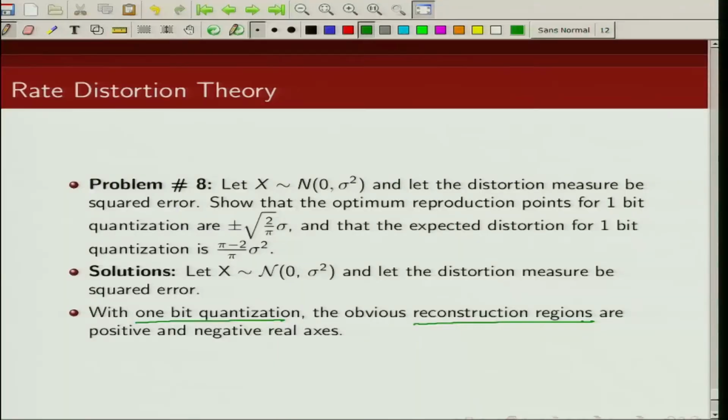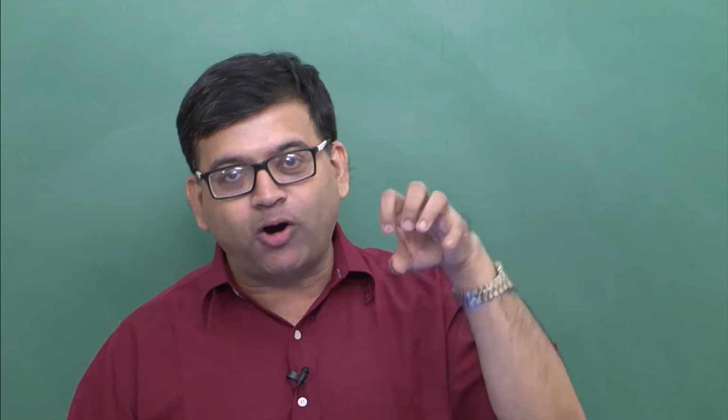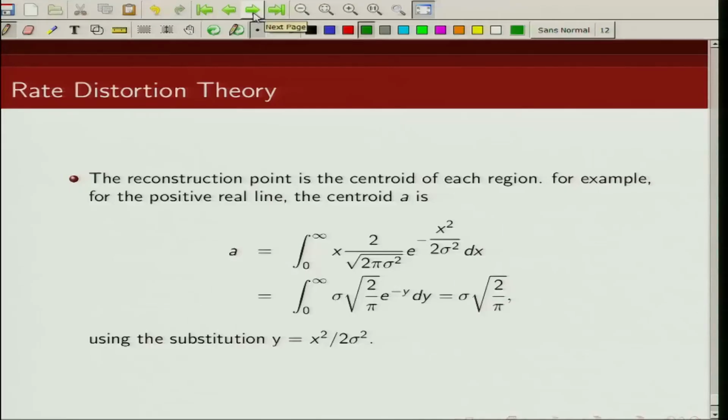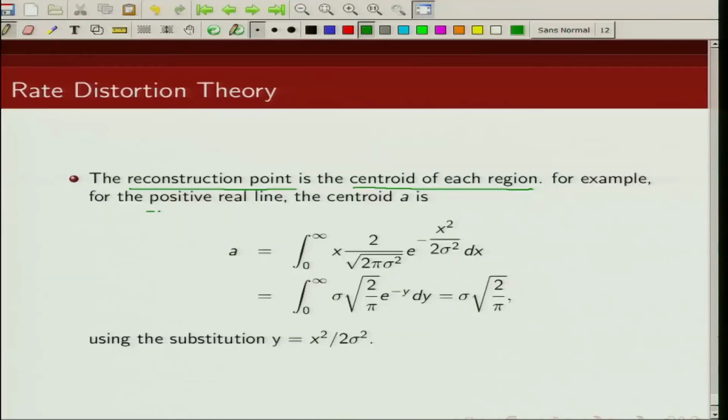So to find out the optimal reproduction point, we need to find the centroid of these regions. So the reconstruction point is nothing but the centroid of this negative half region or the positive half region, and they are symmetric, right?